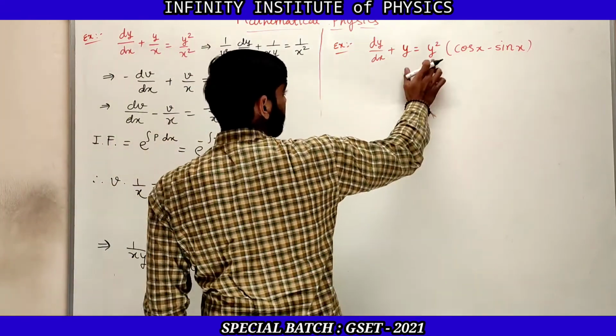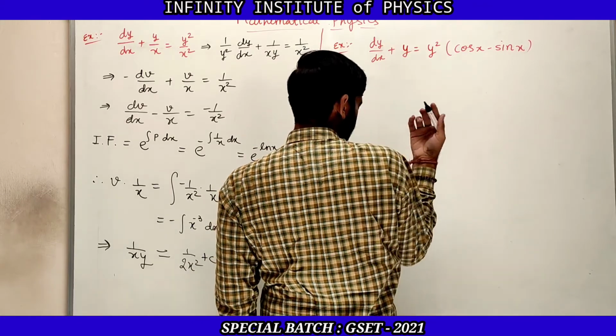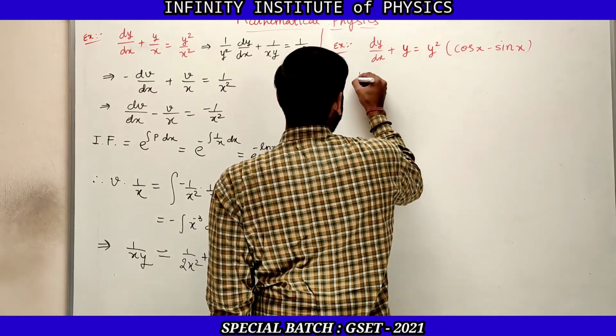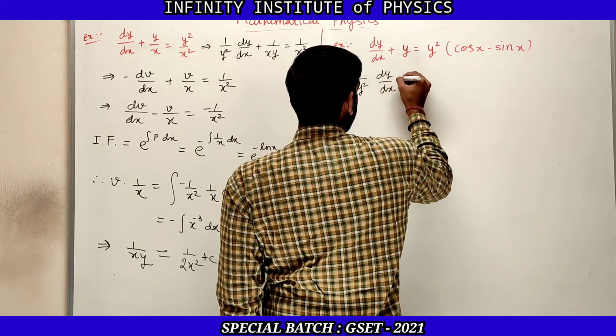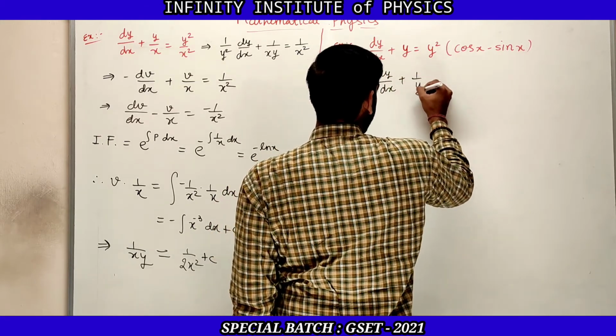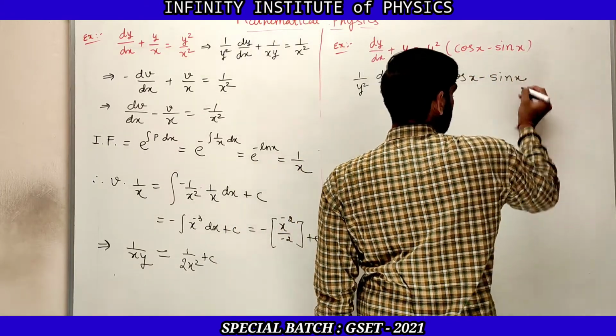So now let us divide the equation by y square, then it will be 1 by y square dy by dx plus y by y square, that is 1 upon y, which is equal to cos x minus sin x.